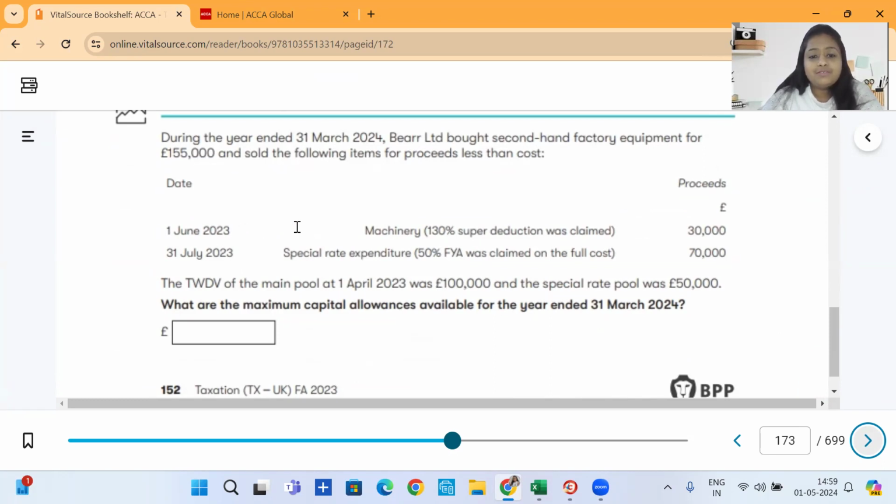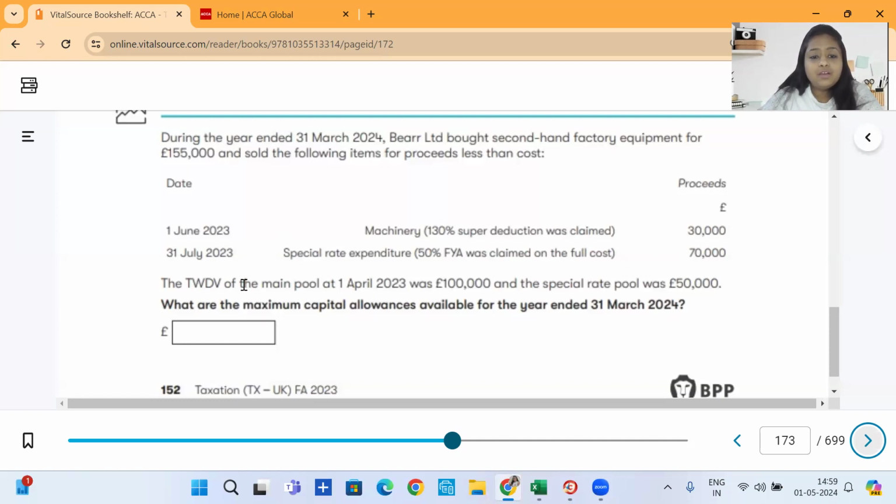On 1st June 23, there is a machinery on which earlier we have claimed 130% super deduction and the proceeds value is 30,000. The next sale or disposal is of a special rate expenditure, which is a part of your special rate pool, on which earlier we have claimed 50% first year allowance on the full cost. And the proceeds were 70,000.